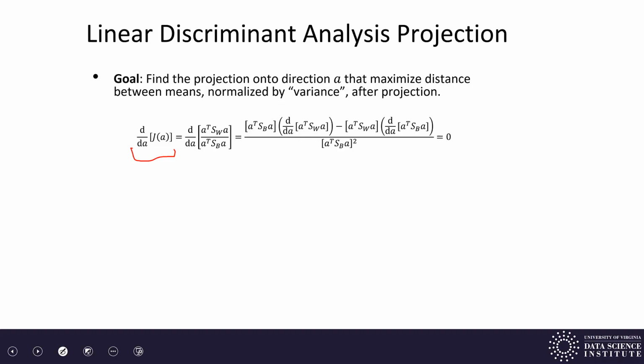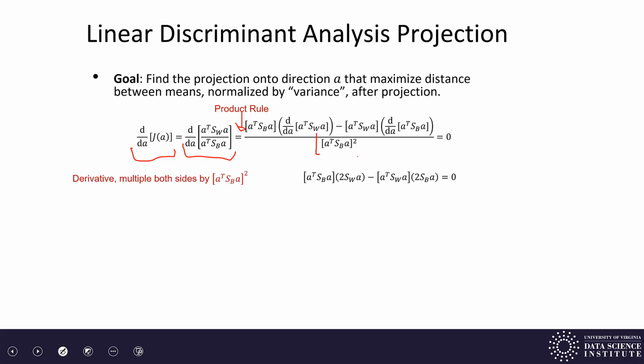So for the derivative of J of A, here we just put in the formula for J of A, and then at this equal sign, we just use the product rule from calculus. Now we're going to multiply both sides by this piece in the bottom. Of course, it cancels that in the bottom of that formula on the left-hand side, and multiplying 0 by that just leaves you with a 0 on the right-hand side.